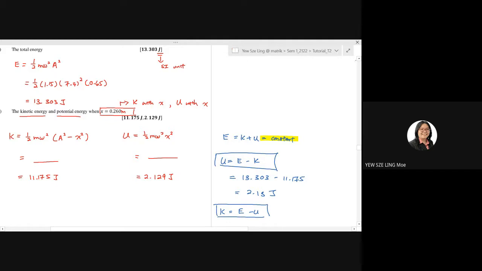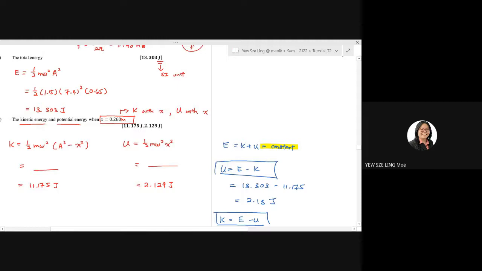All right, we are done with question 4. Now I give you 2 minutes to write it down. It's very simple. Just that for question D, you have to be careful.